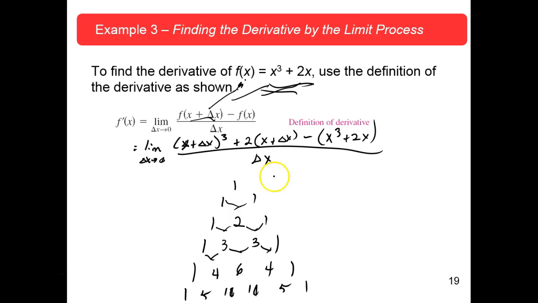Now why did I do that? Let me make it a little simpler. A plus B to the 0th power. What is anything to the 0th power? 1. There's the 1. This is A plus B to the 1st power, and what is something to the 1st power? A plus B. So there are your coefficients: the coefficient of A is 1, the coefficient of B is 1.